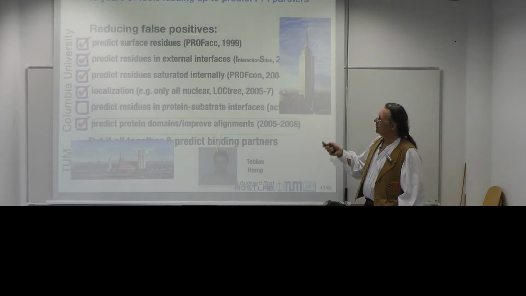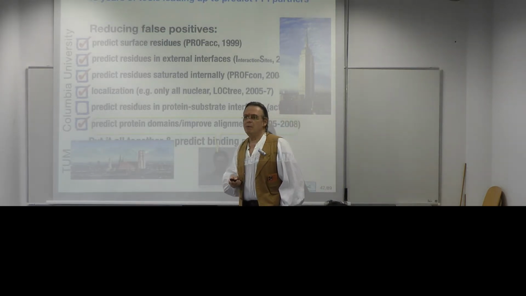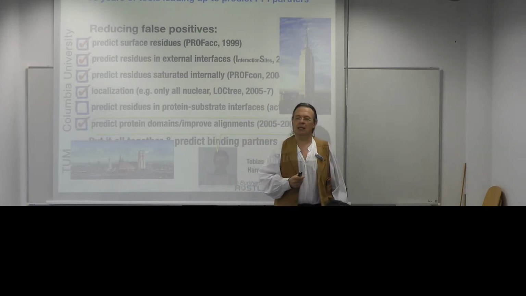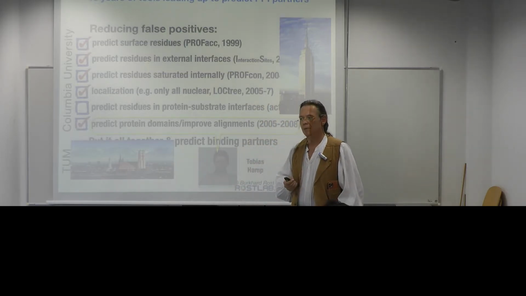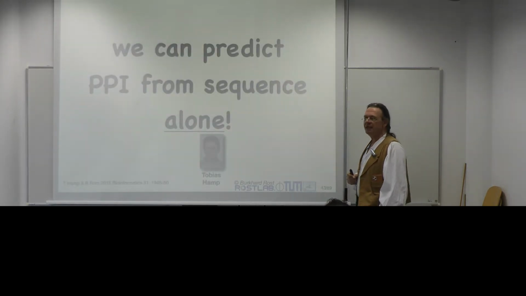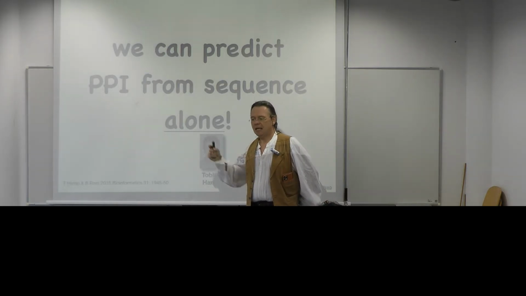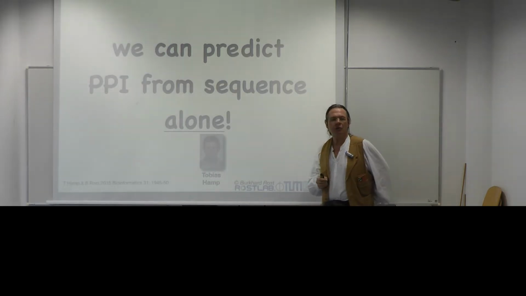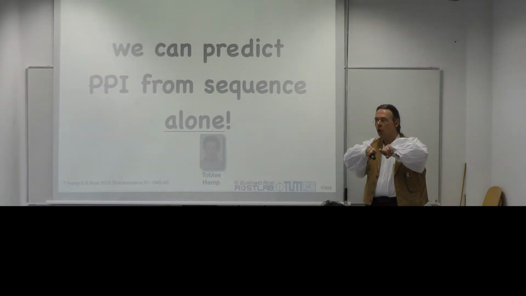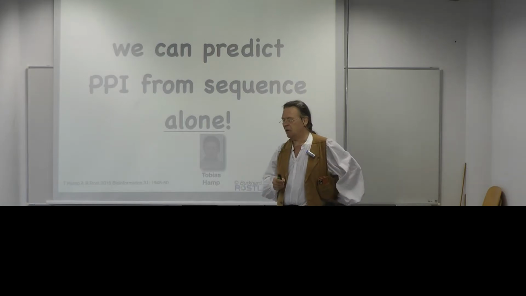I'm not going to go through this slide, but essentially this is a set of methods that had been developed in my group over more than a decade. And we needed all of that to come to the point where we can essentially say, now we can predict from sequence alone. In the first step, what we can do is simply say A binds B, not where. So we're not really shifting the window through. We're using something else I'll get back to later.